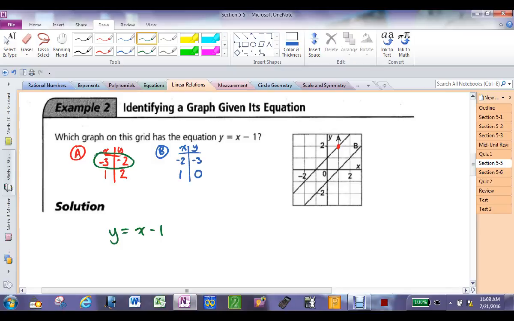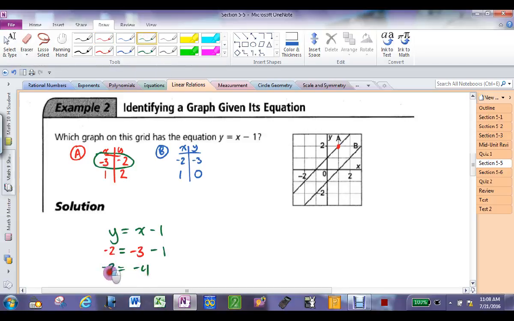Where do I put that X and Y? I can put -3 here. I'll do it in red because I was using red up top. I can put -3 there, -1, and what would I put in for Y? -2. Let's check. What is -3 minus 1? -4.